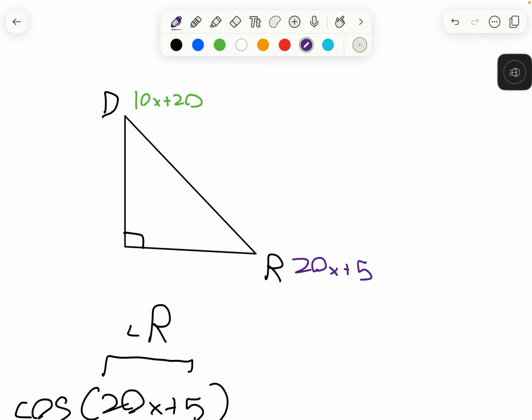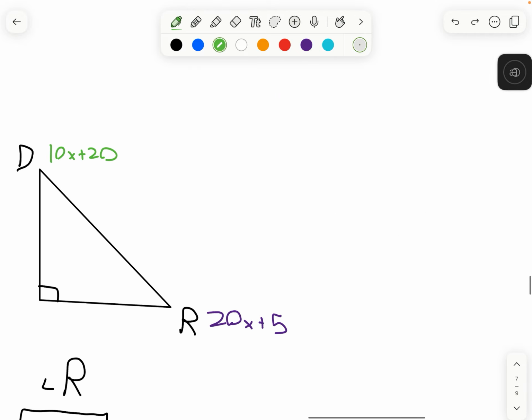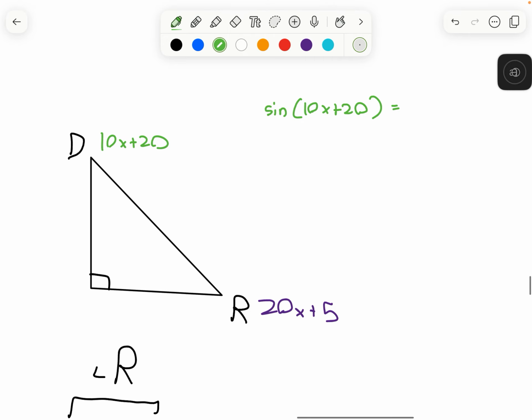Why am I even doing this in the first place? Well, if we have sine of angle D, so sine of 10x plus 20, which is angle D, what does that equal? If you think back to SOHCAHTOA, let me first name these sides A, B, and C. We know that the sine of an angle is equal to the opposite over the hypotenuse.